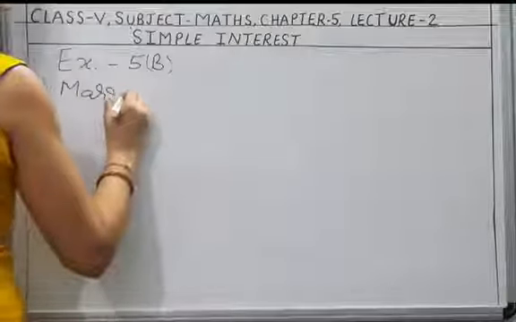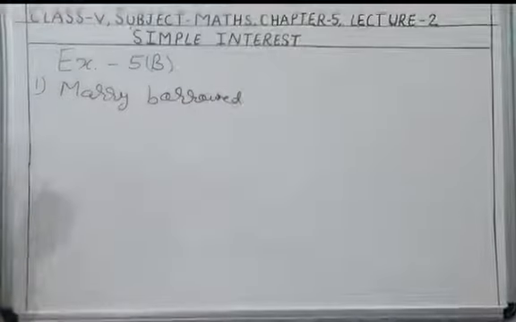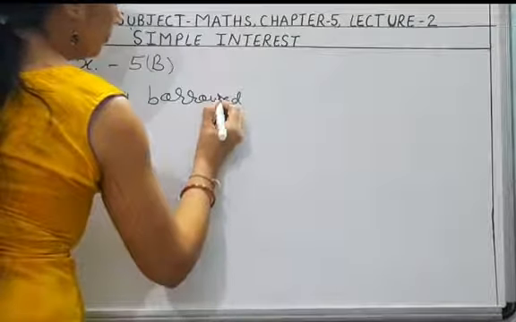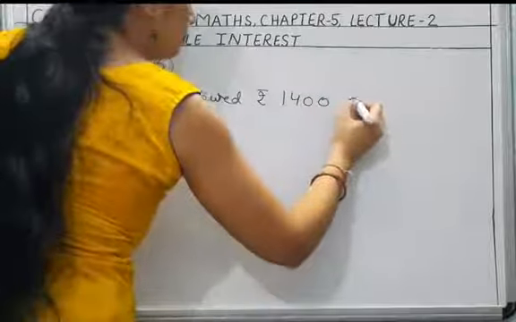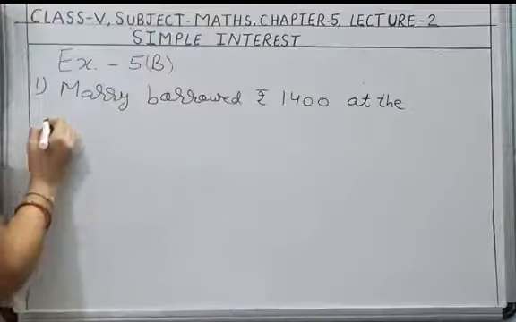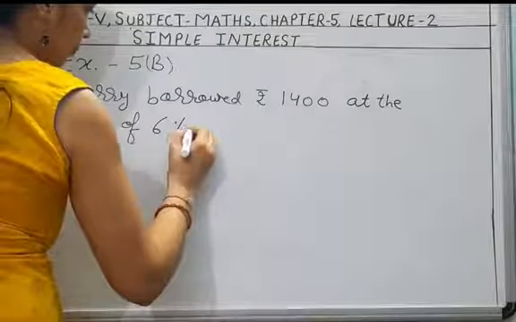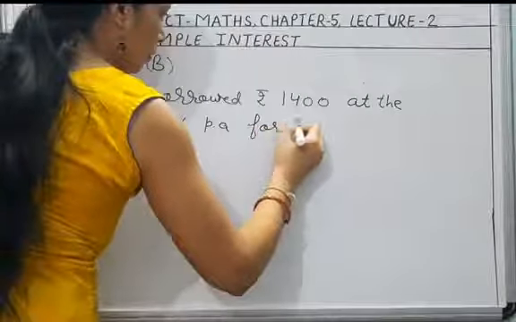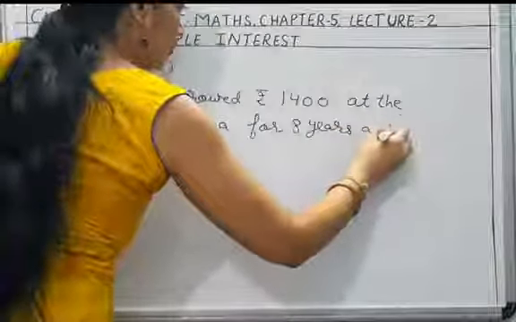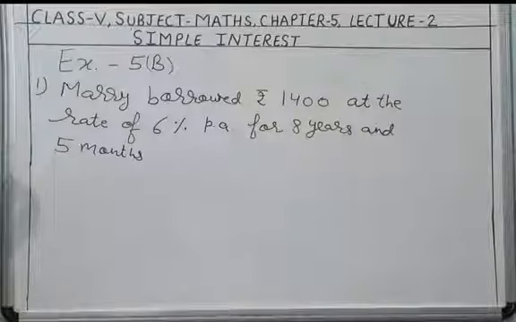Mary borrowed ₹1400 at the rate of 6% per annum for 8 years and 5 months. Find the amount she paid back.